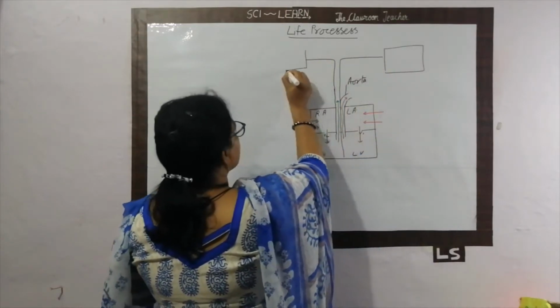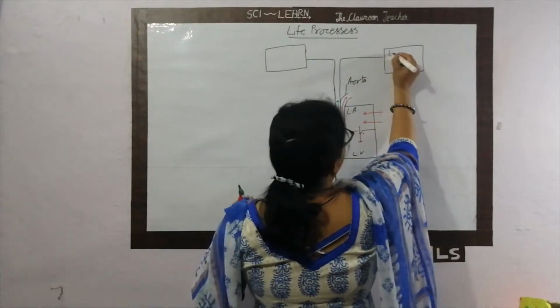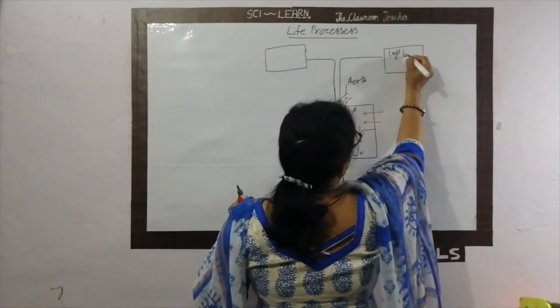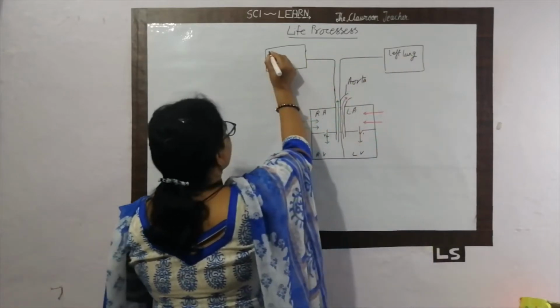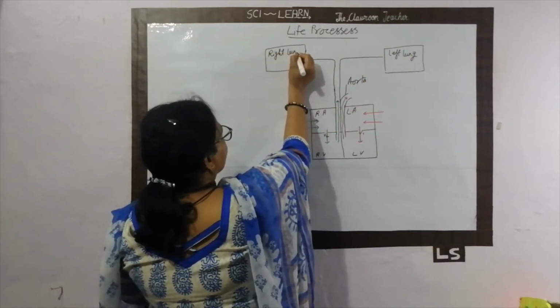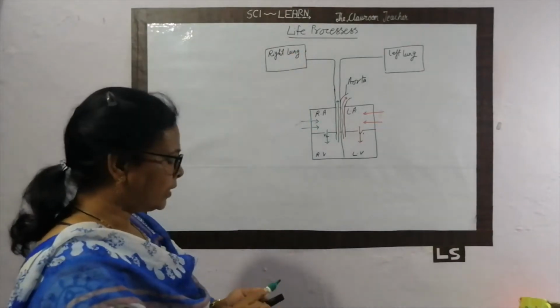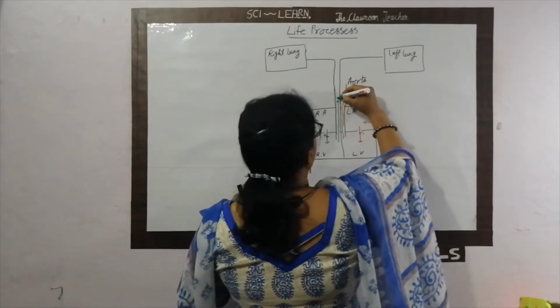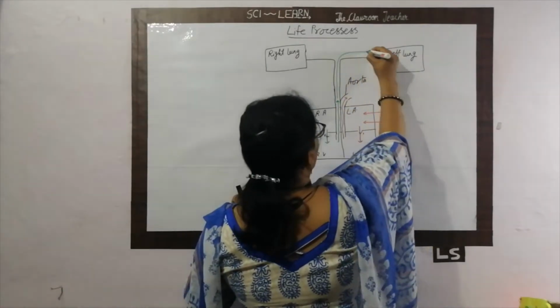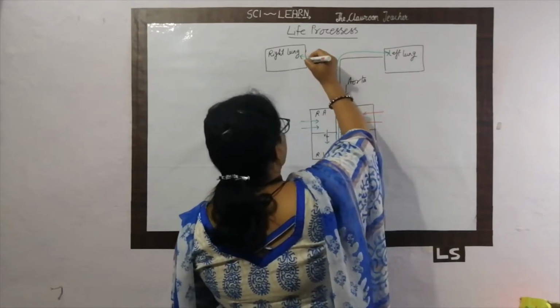According to the size, we name this the left lung, and this is the right lung. So this deoxygenated blood rises up and moves towards the left lung and right lung.